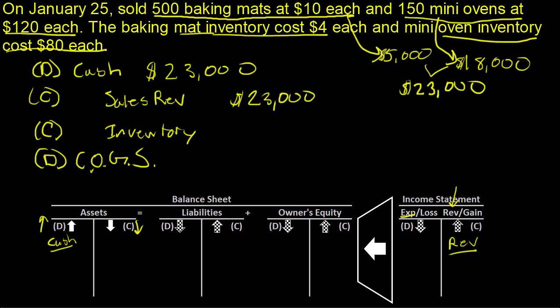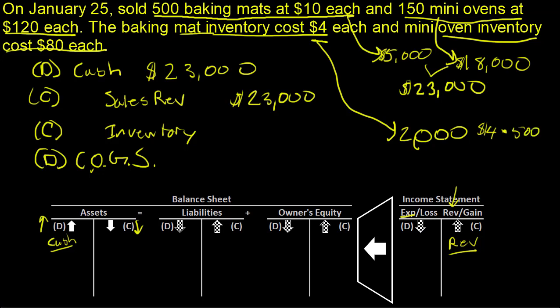And so what is the amount of our inventory? So the amount our inventory cost can be calculated at with this $4. $4 for the mats. We sold 500 mats at $4 each. That is going to equal $2,000. All right, that's $4 mats, and we're going to have 500 of them, right?